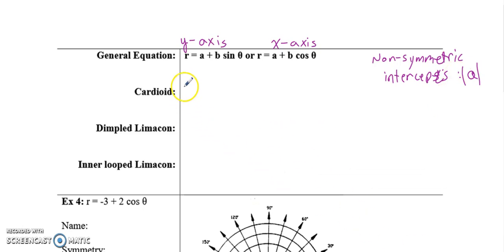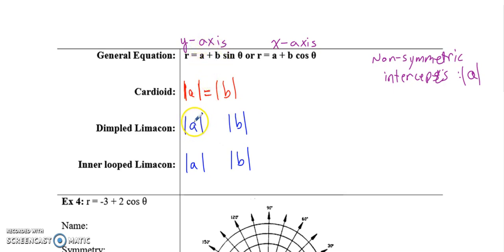So for the cardioid, example 1, we found out that the A and the B were the same. In terms of doing this, we really don't care if it's positive or negative; we just want to make sure that the absolute values are the same. The dimpled Limacon and the inner loop Limacon, of course, are different. How did the A compare to the B in the dimpled, example 3, and in the inner loop, example 2?